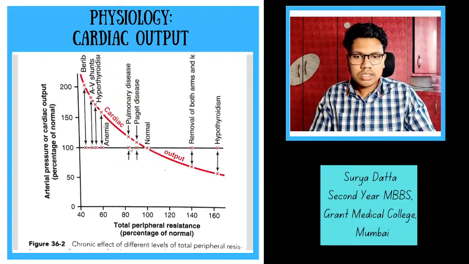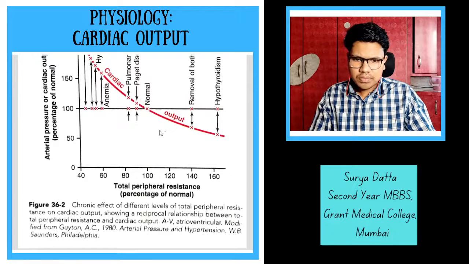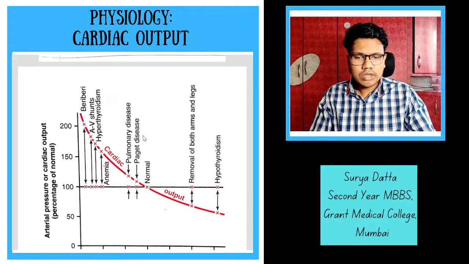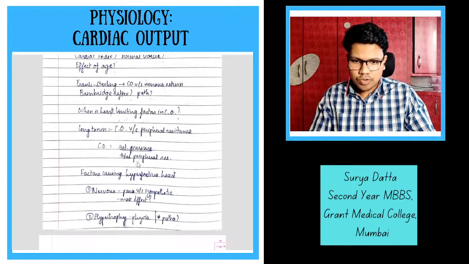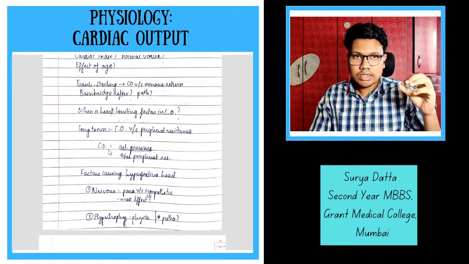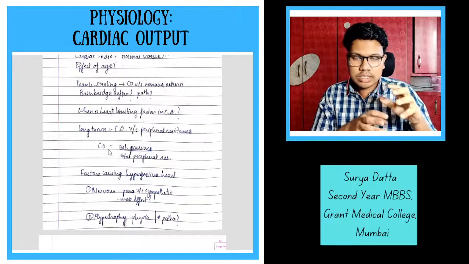This is the basic understanding that I can create about it. Just try to understand it through the resistance. Don't think only of this formula, cardiac output is equal to arterial pressure divided by the total peripheral resistance. No, try to understand it based on this resistance format.